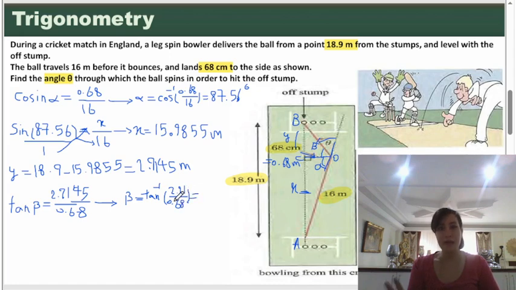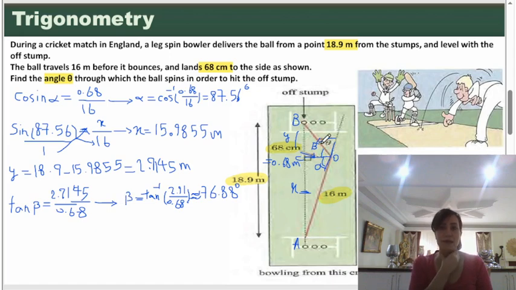If I find this amount with a calculator, I get approximately 76.88 degrees. It's my beta.